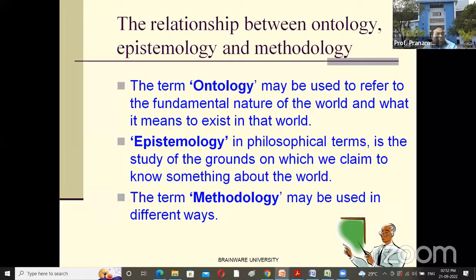So, take a practical example. Yesterday, I took an example of researching on dividend policy. I'm switching to a different topic. Suppose I am doing research on the bank customers' perception regarding the corporate social responsibility of the banks. First, I have to go to the related literature.